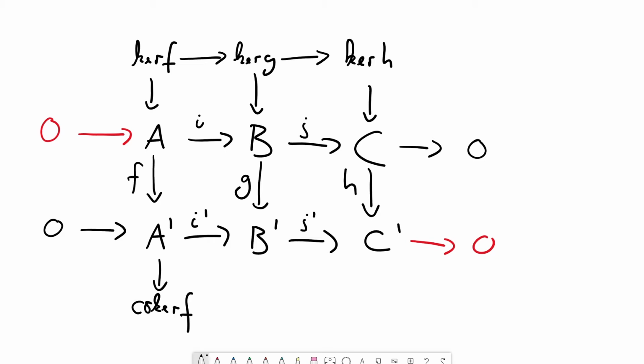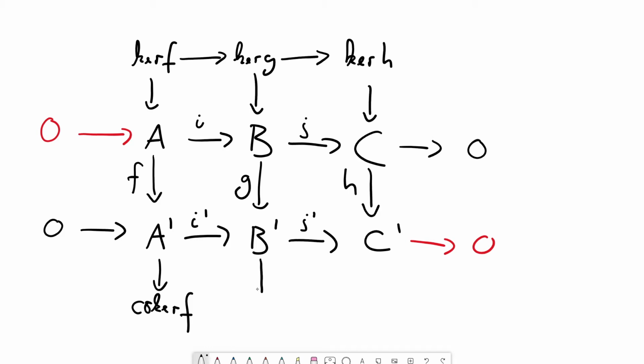So just in case somebody wondered and hasn't heard the terminology co-kernel yet, it's just A prime in that case divided by the image of F. Yes, that's a good point. So co-kernel is target modulo image. In this case, it's A prime modulo the image of F. And the notion of co-kernel is dual to the notion of kernel, yeah, in the sense that a morphism F is injective if and only if the kernel is trivial, and a morphism is surjective if and only if the co-kernel is trivial.